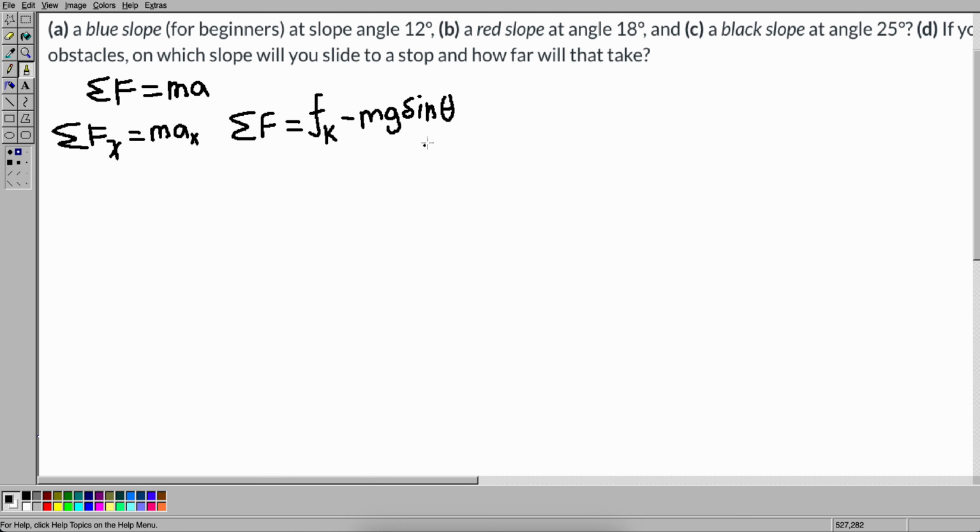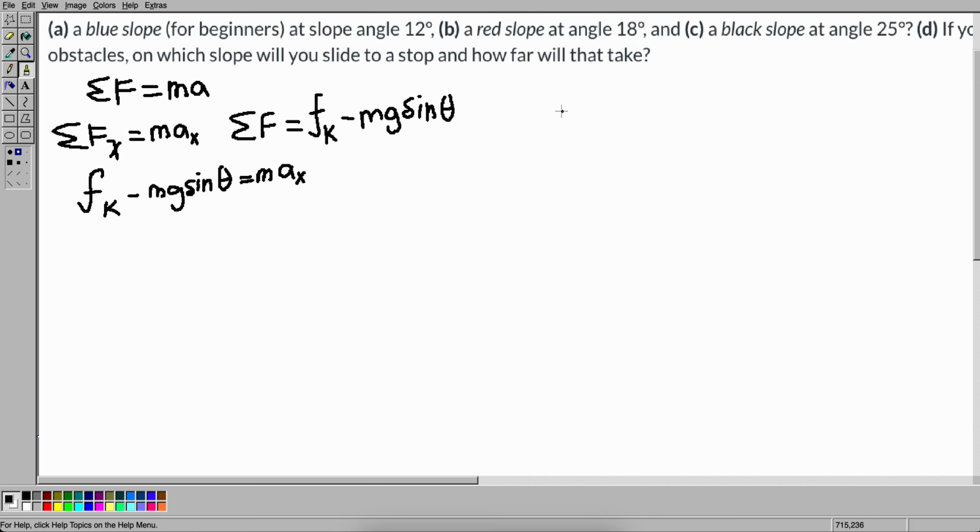So if we know that these two are equal to each other, we can write Fk minus mg sine theta is equal to max.